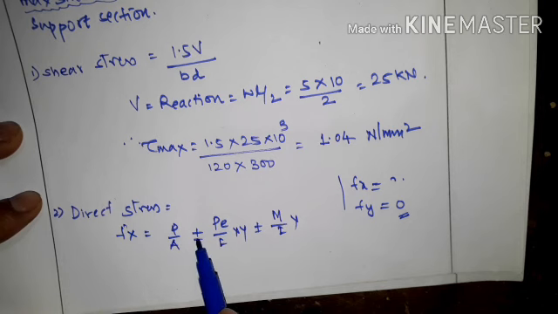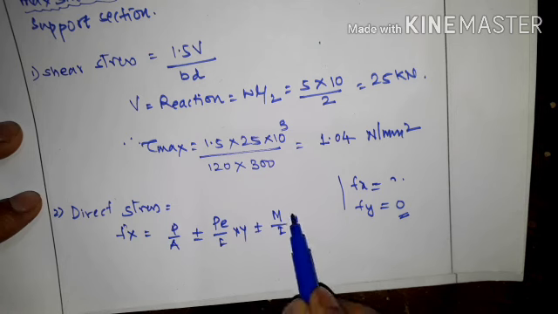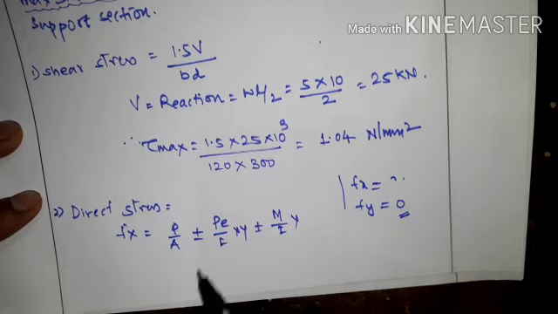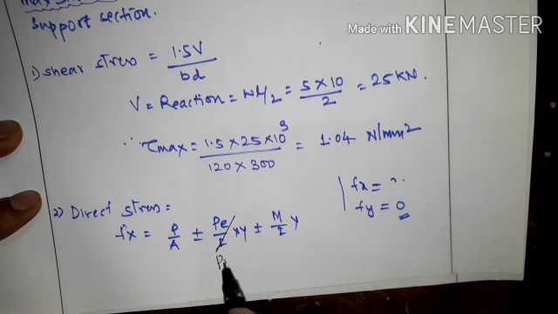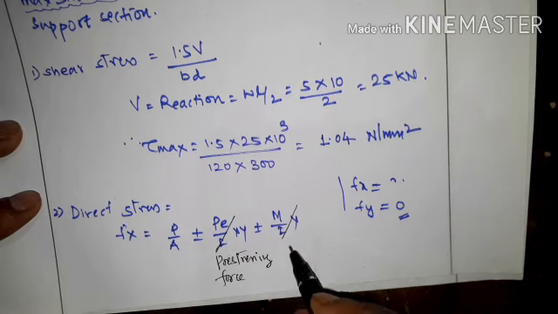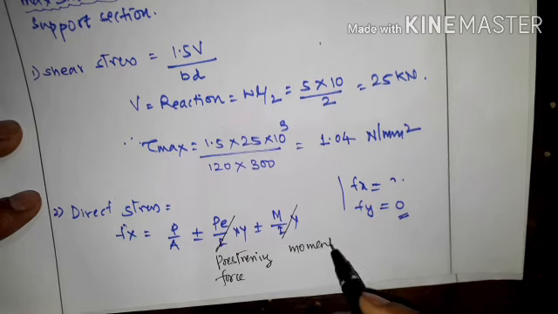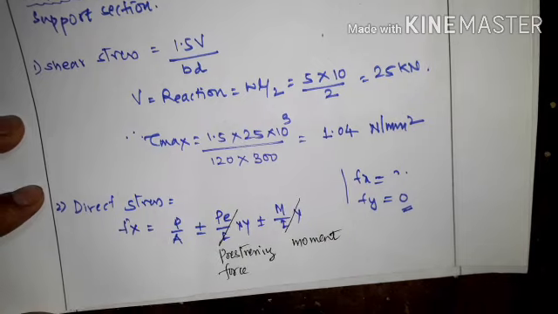The first term is because of the prestressing force with eccentricity, and the second is because of the moment.